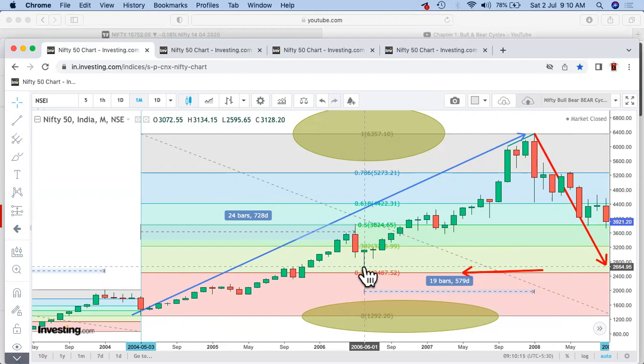Now, one small point which I just wanted to explain over here. Again, if we see in terms of cycles or maybe the time period, starting from this point to this point, we get somewhere around 24 bars, right? And again, from this low part to this high part, this is again somewhere around 19 bars. So this is coming down approximately to a level.